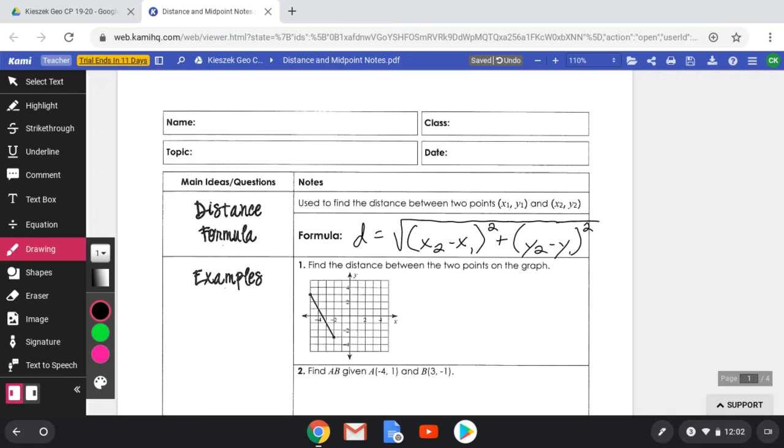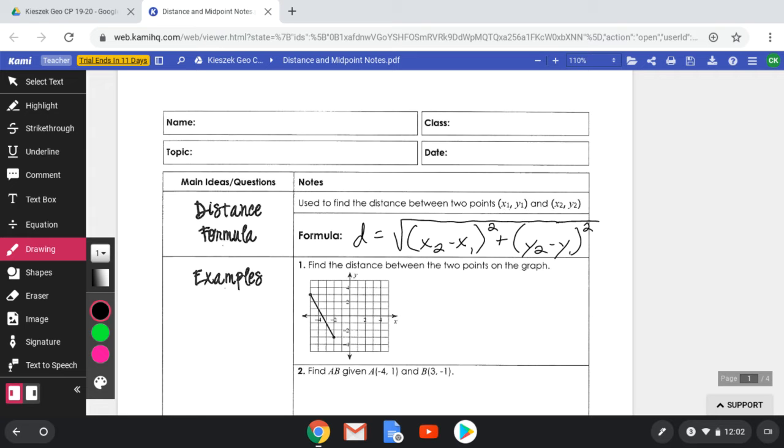What's nice about the distance formula is that it doesn't matter which is x1, y1, x2, y2, and if you mix them up, because you are squaring it, the value becomes positive all the time, and therefore the problem does not change.